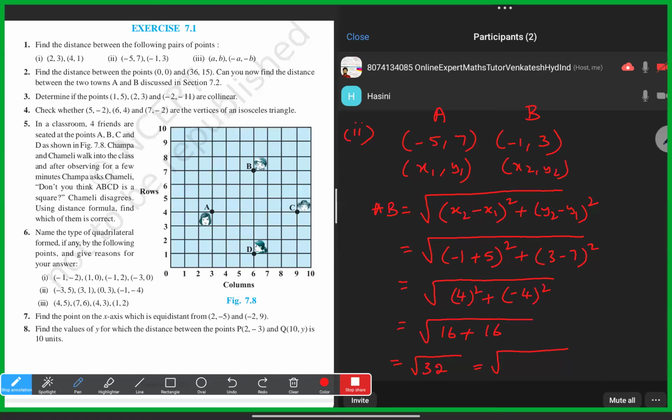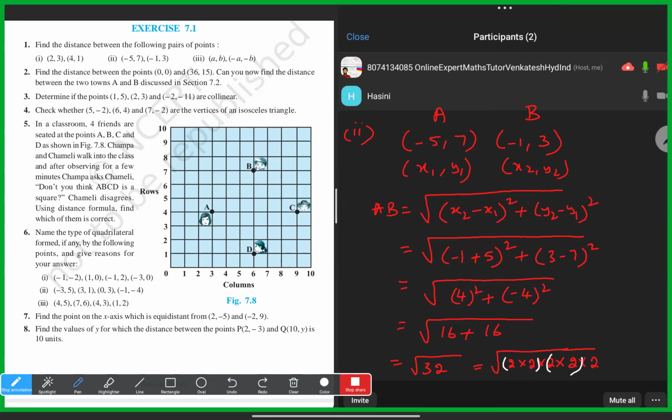Now, Hasni, I'll just do the prime factorization, 2 into 2 into... You already know how to do prime factorization from the first chapter. So you'll get 2 into 2, five 2s, that is 32. Okay, sir. So pairs here, 2s, one pair, and here one more pair is there.